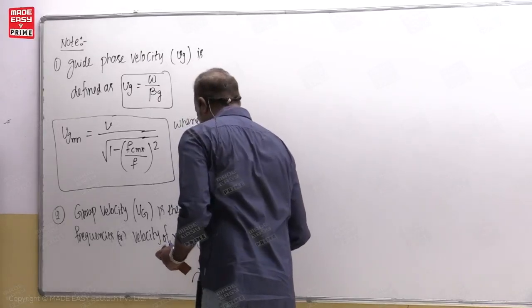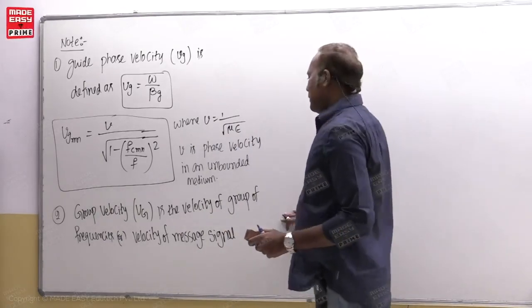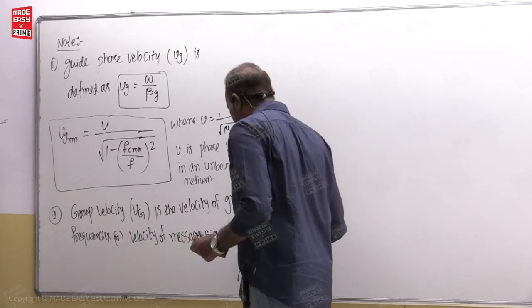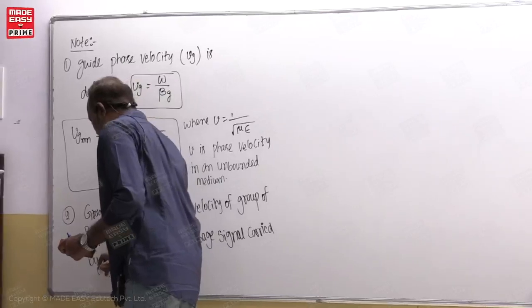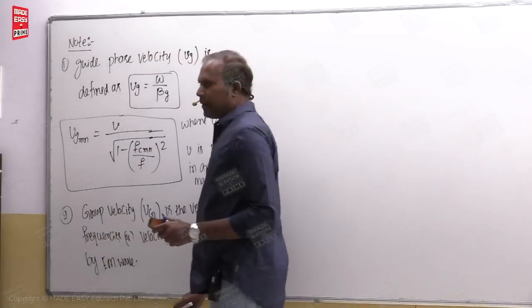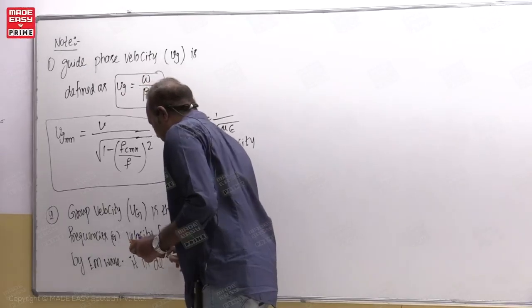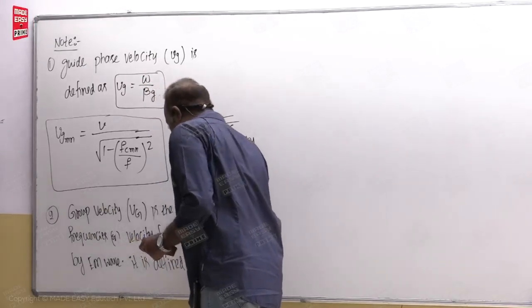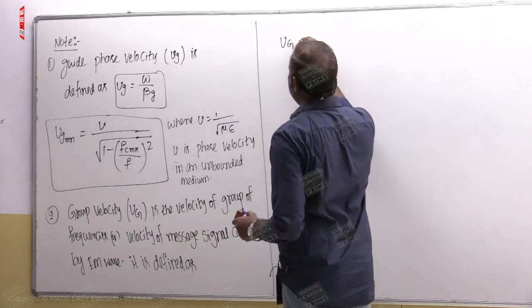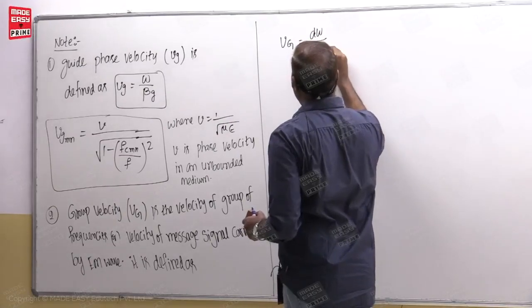Velocity of message signal carried by EM wave. It is defined as V capital G is equal to d omega divided by d beta g.